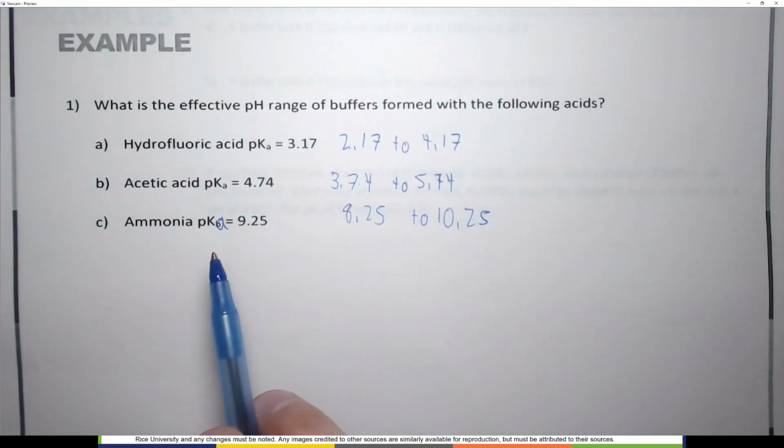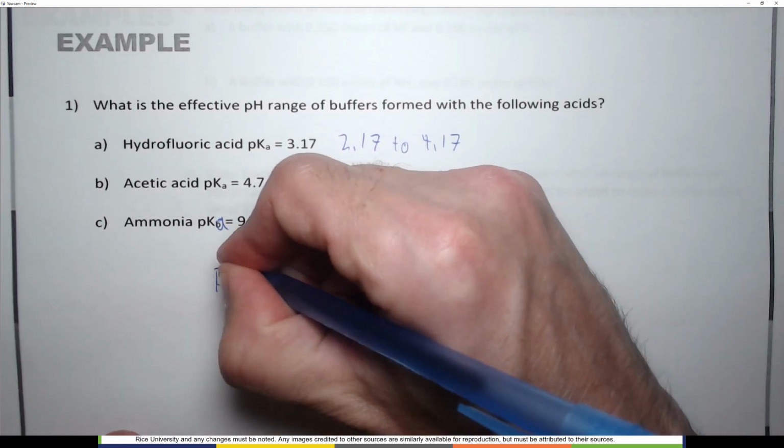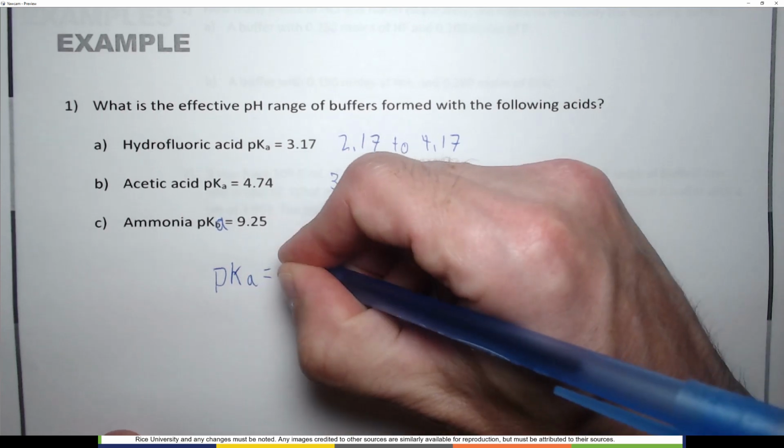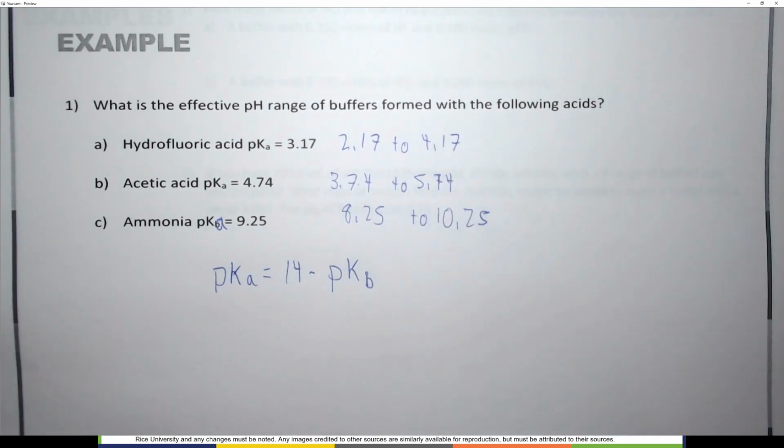If you're given the pKb, then you would need to convert that into a pKa, and then you would be able to find the effective pH range. To convert a pKa into a pKb, don't forget that pKa equals 14 minus the pKb. So it's, again, relatively straightforward to convert those.